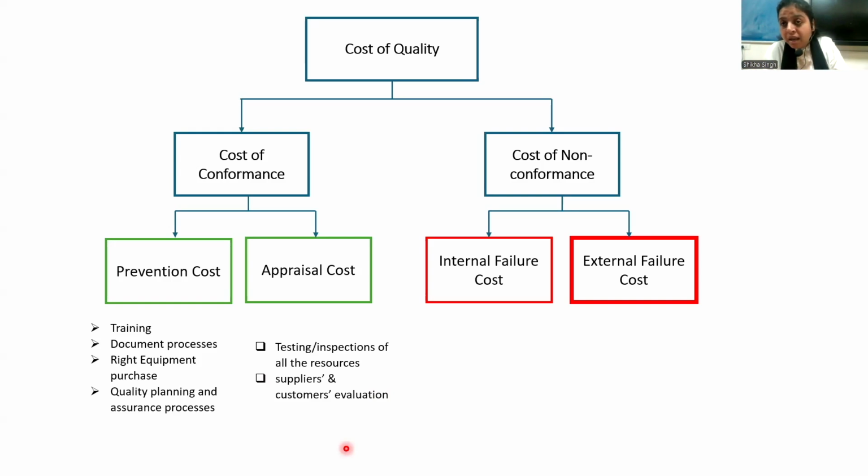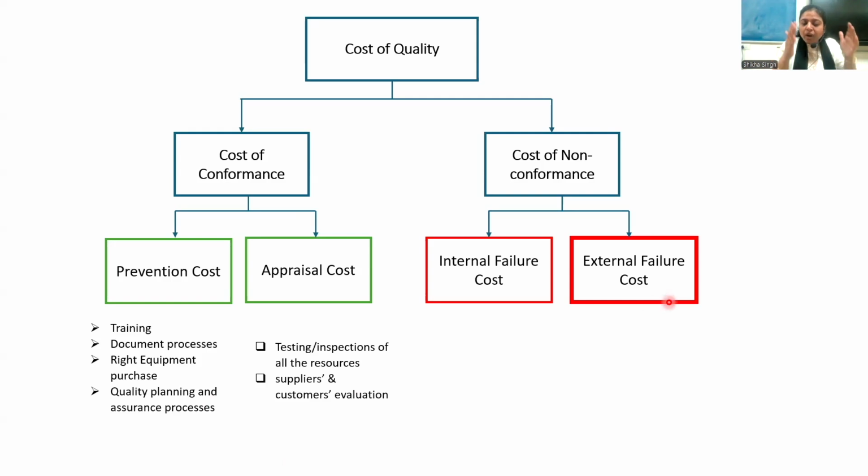But in the next slide, if you see the cost of non-conformance, the previous segment is all good. It defines that everything is for the betterment and improvements. But on the next side, you see the cost of non-conformance, internal failure and external failure.